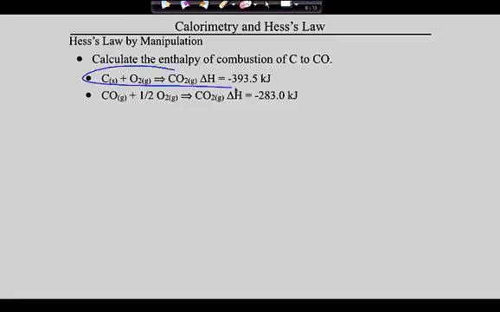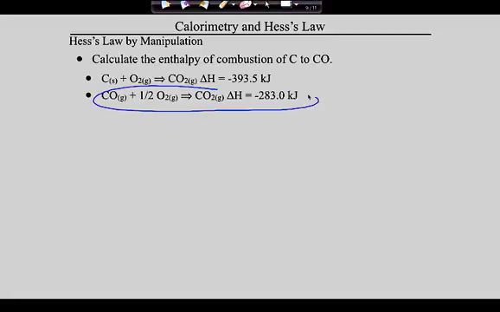This equation is a heat of formation. Do you see why? The element carbon, the element oxygen forming the compound carbon dioxide. Guys, that is a heat of formation by definition. Remember, heat of formation is the amount of energy needed to create 1 mole of a compound from its component elements. That is a heat of formation.